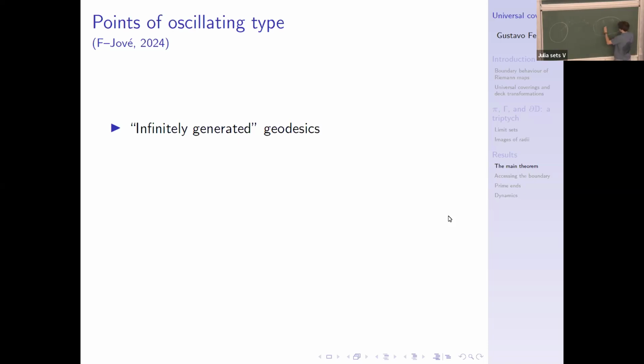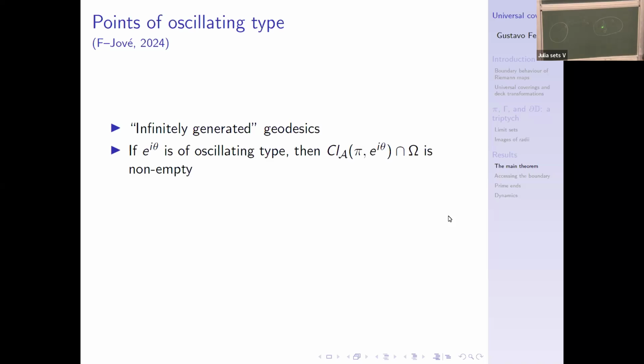And I could maybe try to find a geodesic that follows along this itinerary. So it goes like this, and then it goes like this, and then it comes down here, and it does something like this, and then it goes up, and then it goes back to this guy. So it's going to be some sort of geodesic that winds around, that keeps oscillating between going around some of these guys, then around some of these guys, and so forth and so on. So it's some kind of oscillating geodesic in my domain.